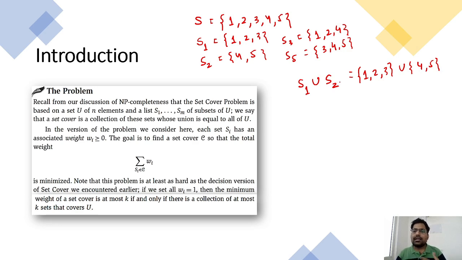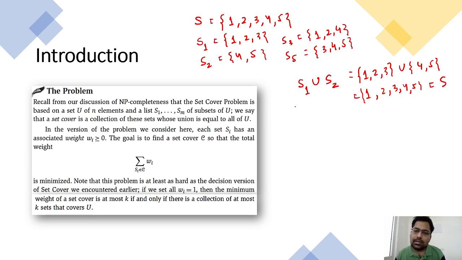So what exactly does it give us? 1 2 3 4 and 5, which is the universal set through which we get all the elements combined. After the combination of small s1 and small s2, we are getting this value. Now you may have a doubt whether we can combine with S3 or with S5.